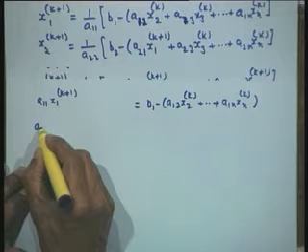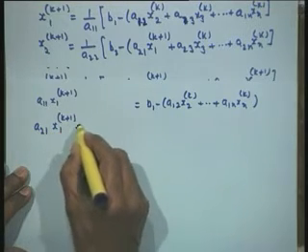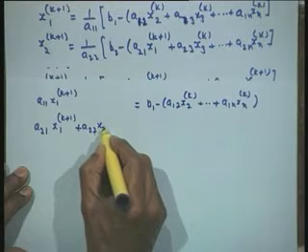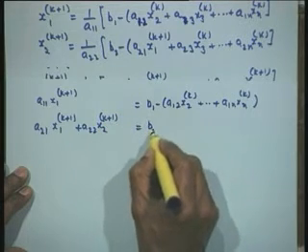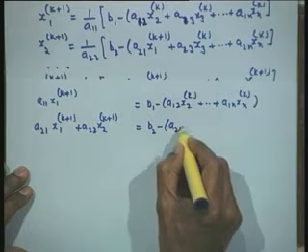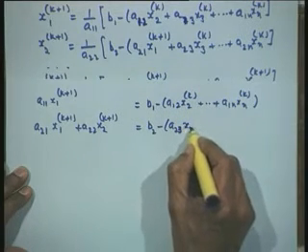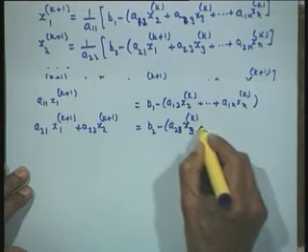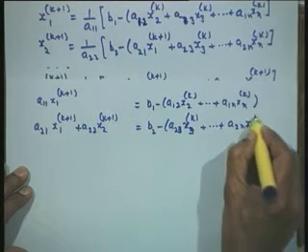I will write this as a 2 1 x 1 k plus 1 plus a 2 2 x 2 k plus 1, and the right hand side is b 2 minus a 2 3 x 3 k minus up to a 2 n x n k.